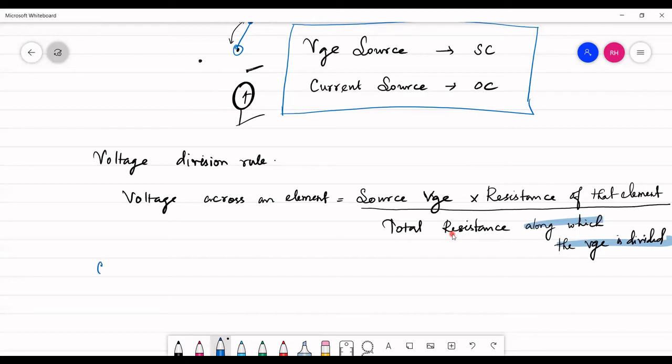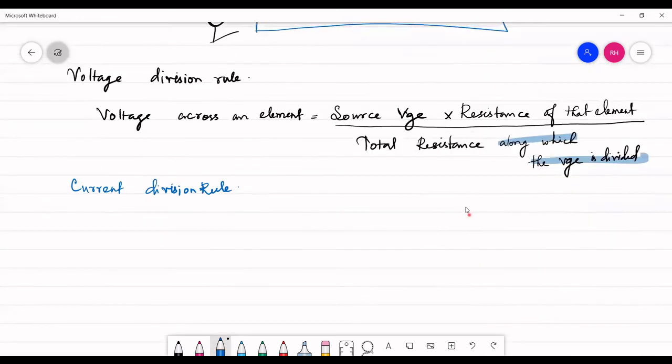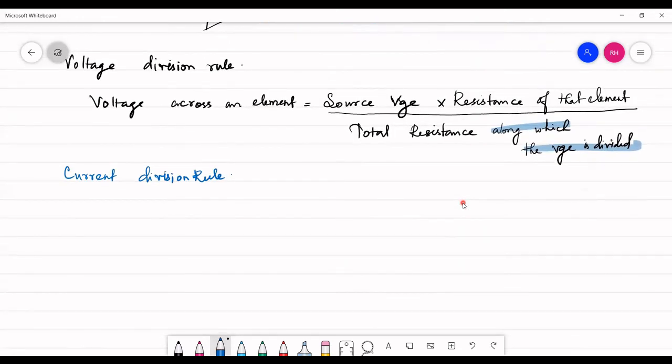And going to current division rule. Current division rule is applicable to parallel circuits where current is actually dividing in elements.